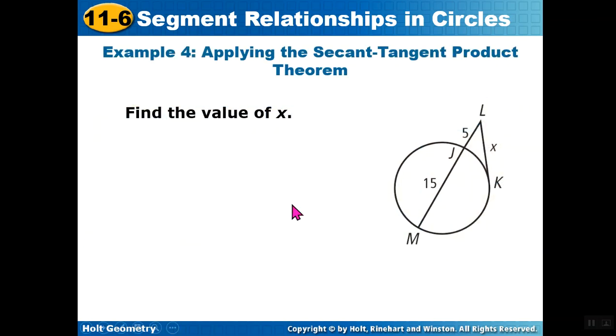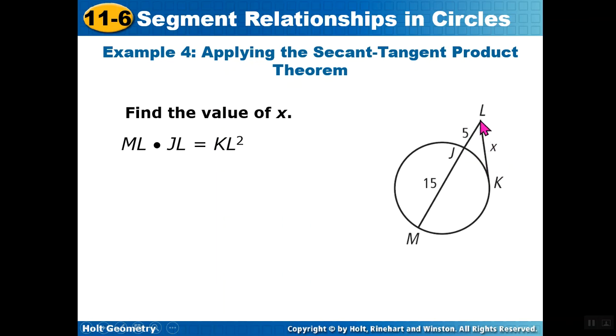An example for this theorem: applying the secant tangent product theorem, find the value of x. Look here, we want to find x. X here is the tangent segment. So we will write the theorem.